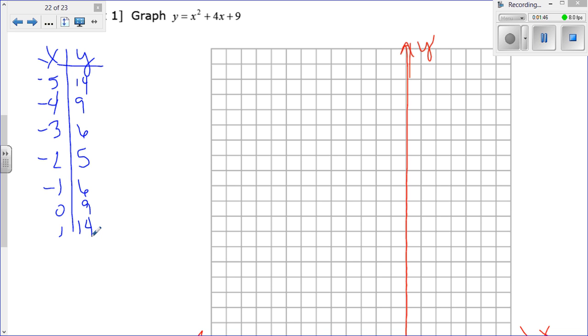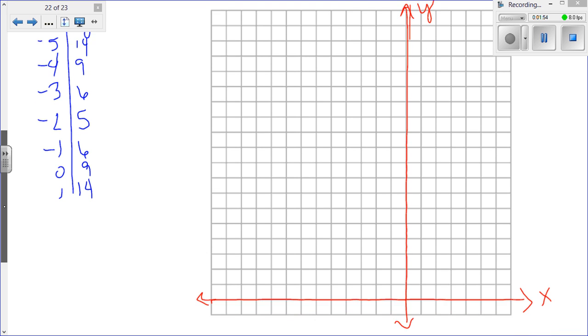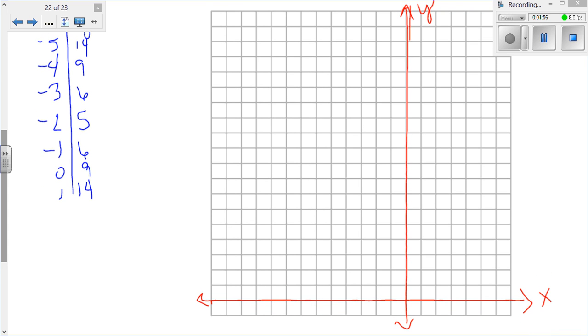Then I need to come over to my graph and plot my points. I already drew my x and y axes on, and I labeled them. So -5, 14 is 1, 2, 3, 4, 5 over, and up 1 through 14.